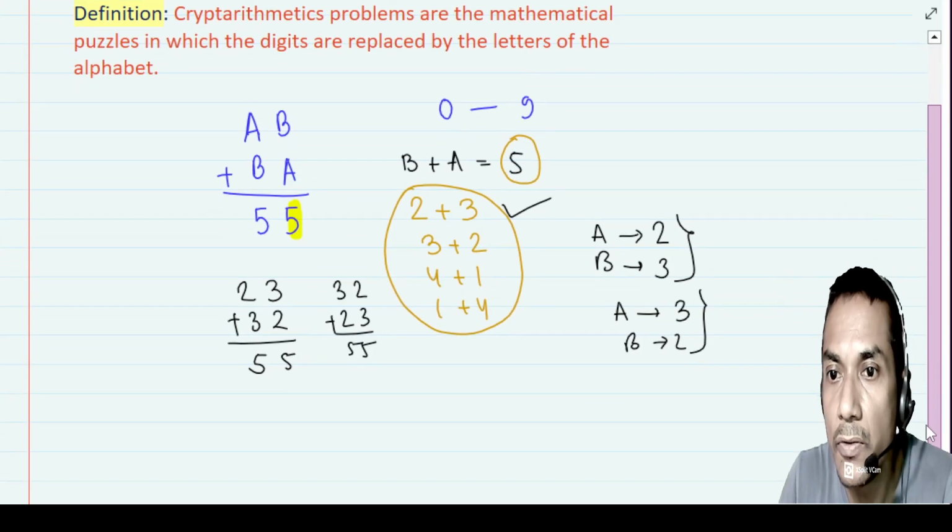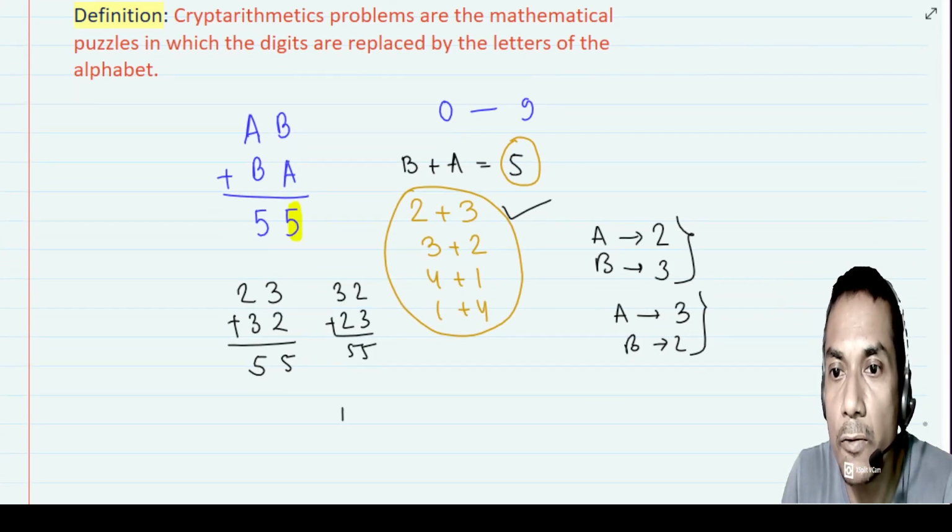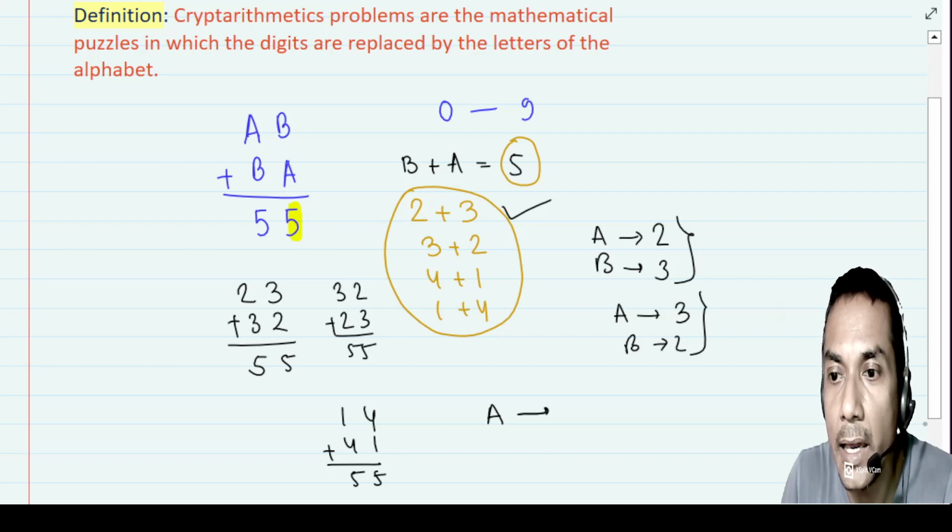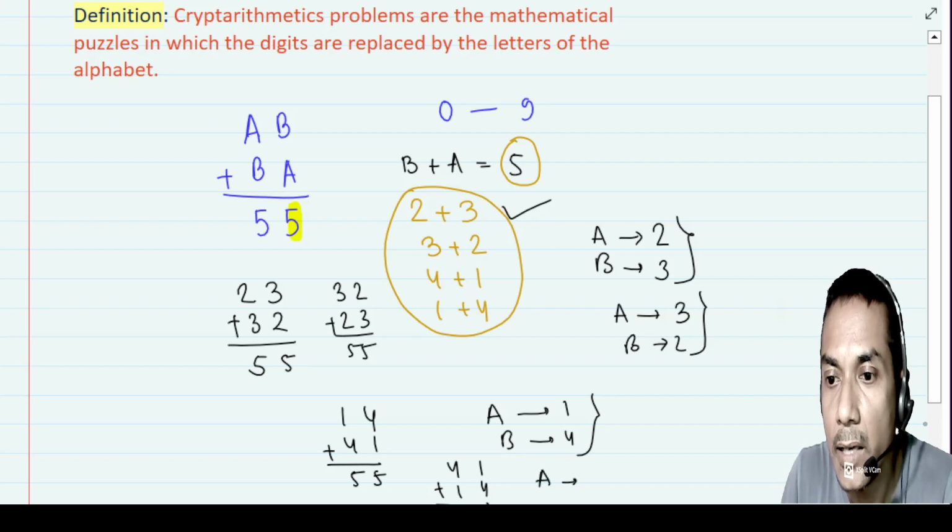Similarly, if we consider 1 4 and 4 1, A as 1 and B as 4, and add together, we get 55.